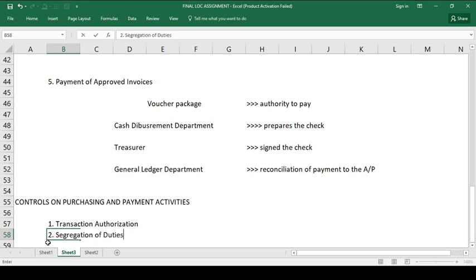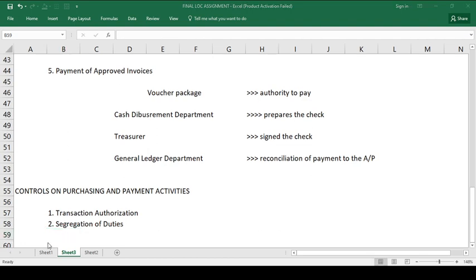If you are going to observe, from the different steps that we have, the basic steps that I illustrated, each step has a different department because for the purpose of segregating the duties.